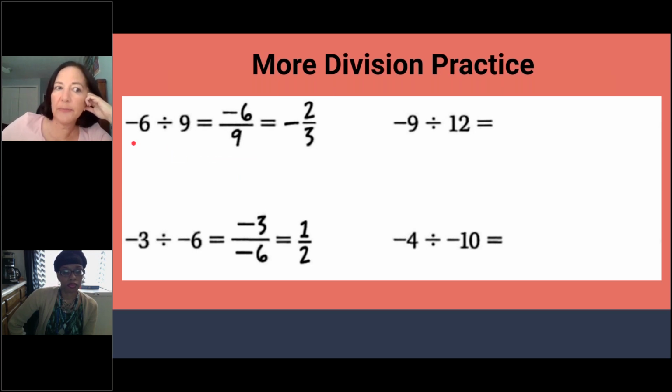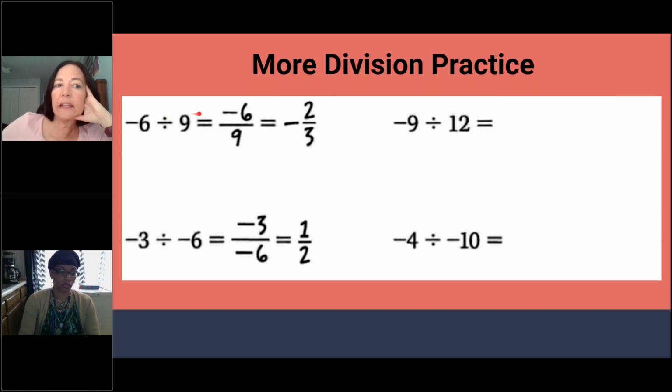The first problem says negative 6 divided by positive 9. And because our first number, which would be called our numerator, has a smaller absolute value than our second number, it's going to be easier to rewrite this problem as a fraction.